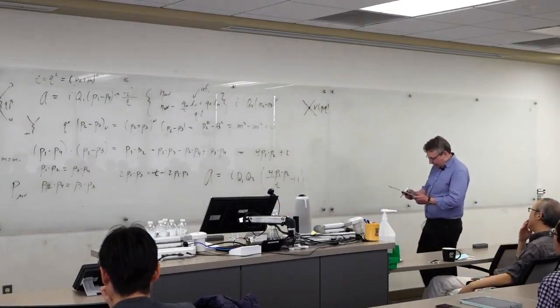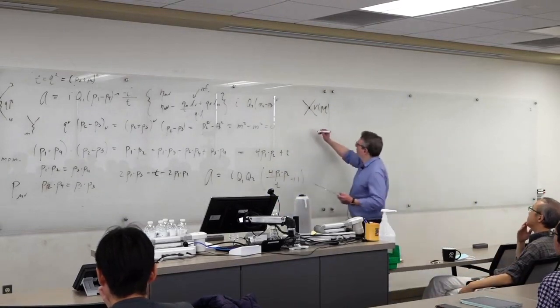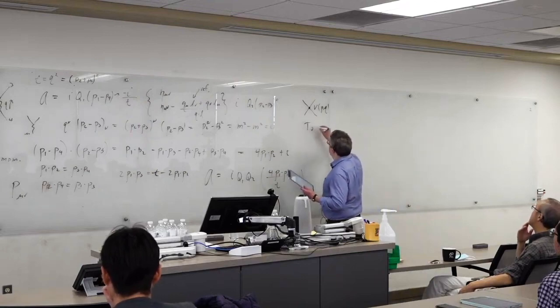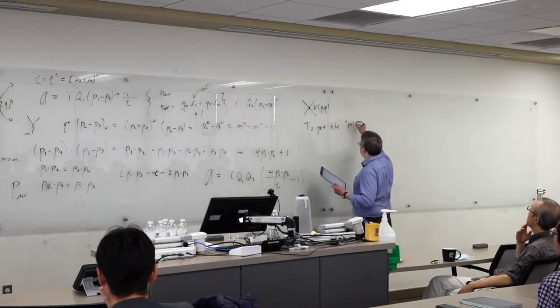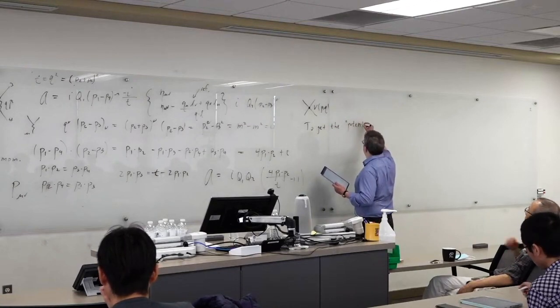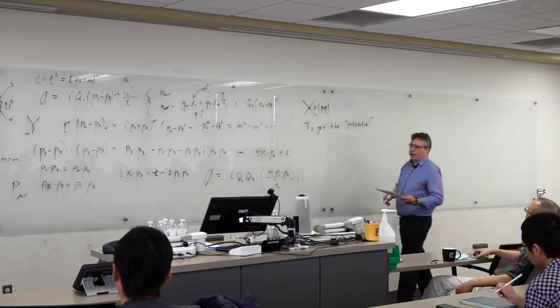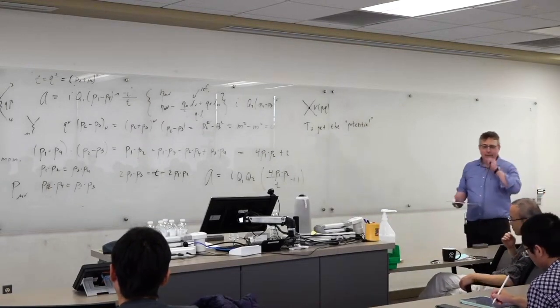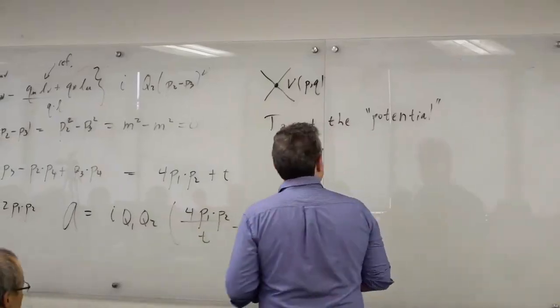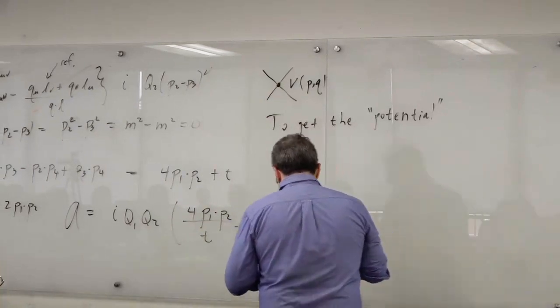We have to actually change the normalization to get the potential, the normal one, Newton. We have to take care of some normalization. You may remember, maybe undergraduate, maybe the graduate field theory, there's something about normalization of states.